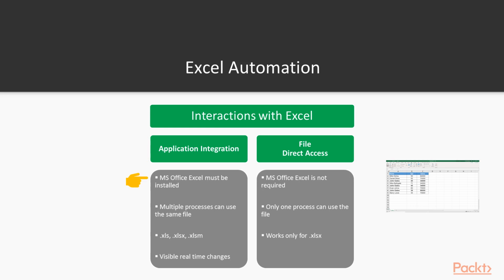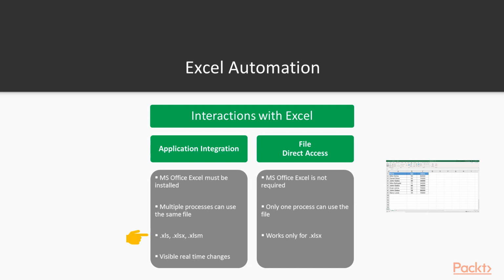In the application integration approach, multiple processes can use the same file, while only one process can use the Excel file in file direct access. Application integration can work with .xls, .xlsx, and .xlsm, the macro-enabled file, whereas file direct access can work with .xlsx.